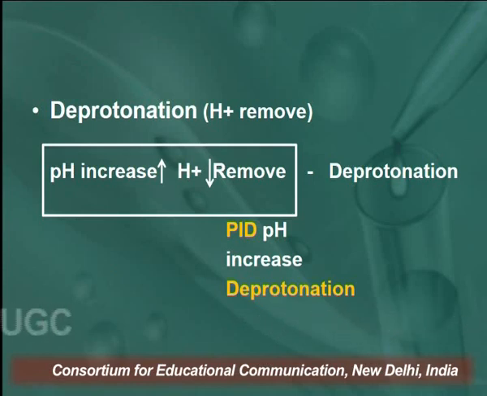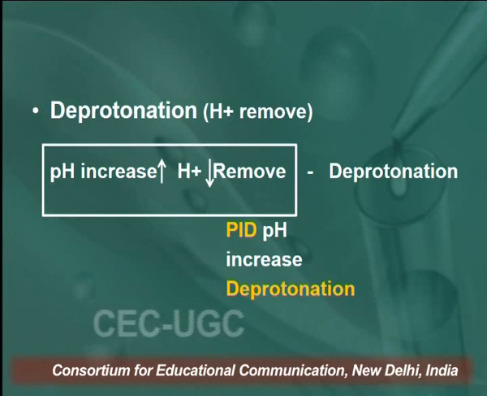And when the concentration of protons decreases, removal of a proton from those groups takes place, and this is called deprotonation. And I have represented here for your memorization PID, that is, pH increases, deprotonation takes place.